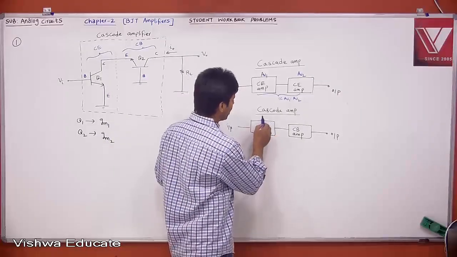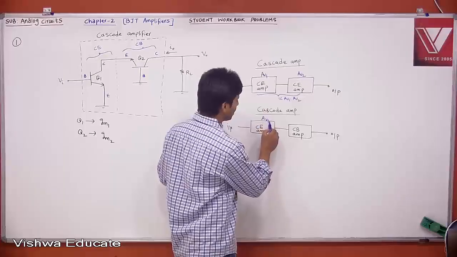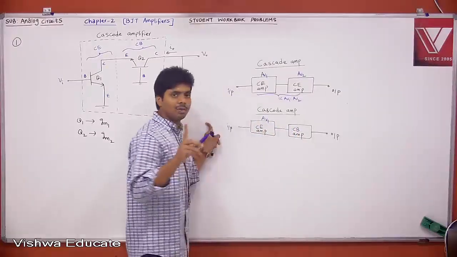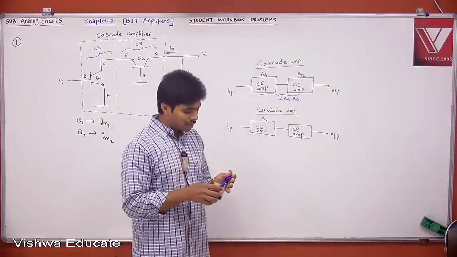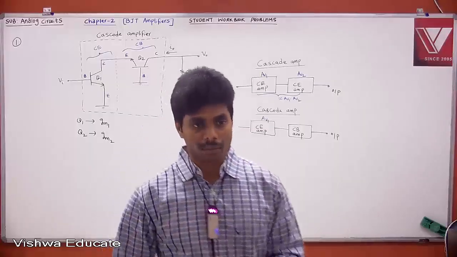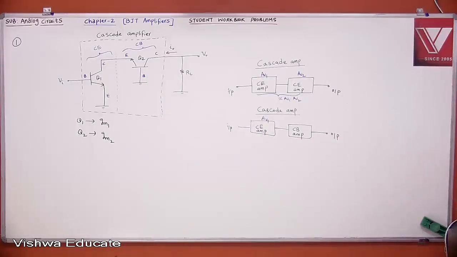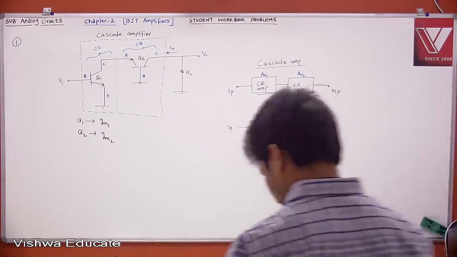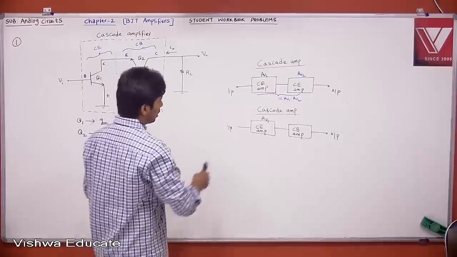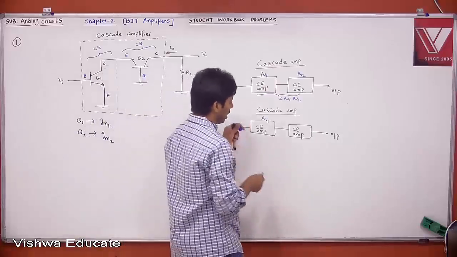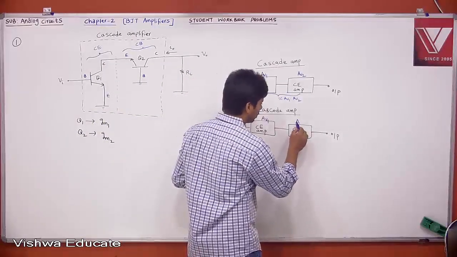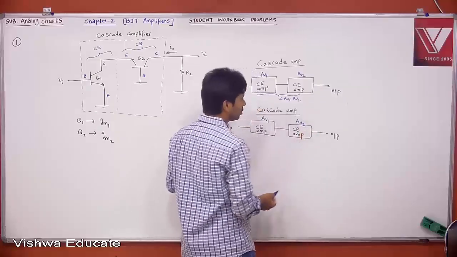Then if you take the cascode amplifier, the first stage, let us say AV1, and the common base amplifier has current gain 1, but it has voltage gain, let us say AV2.